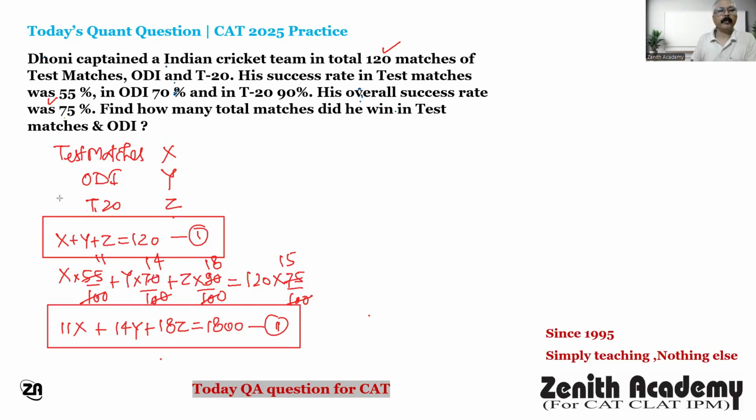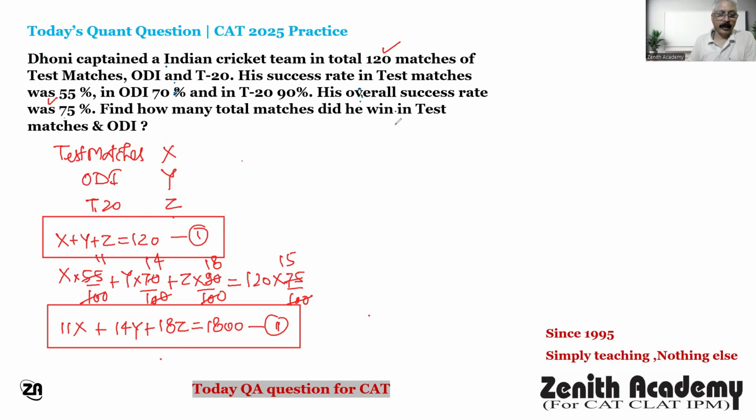But look here, you are missing one important point. He played 120 matches, and his success rate in Test matches is 55%, ODI 70%, T20 90%. Actually, every time the number of matches will be a natural number, right? So it means X, Y, Z are natural numbers.